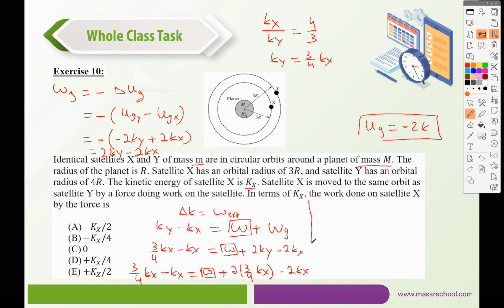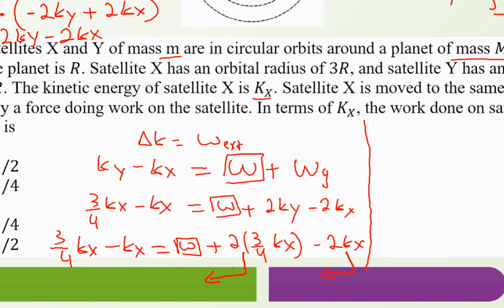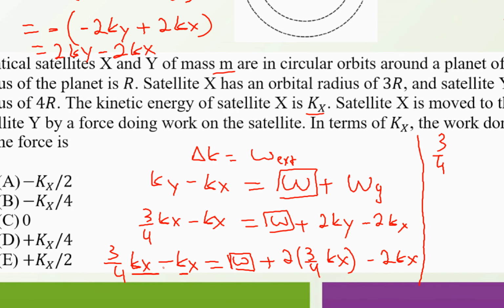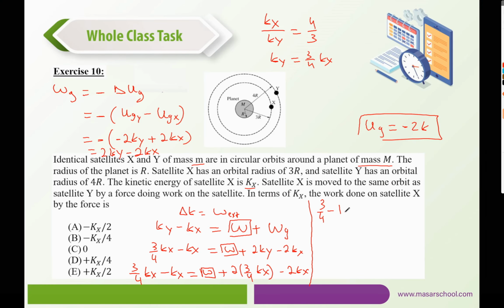And let me move these to the other side. That would be 3 over 4. I'm factoring out Kx minus 1.